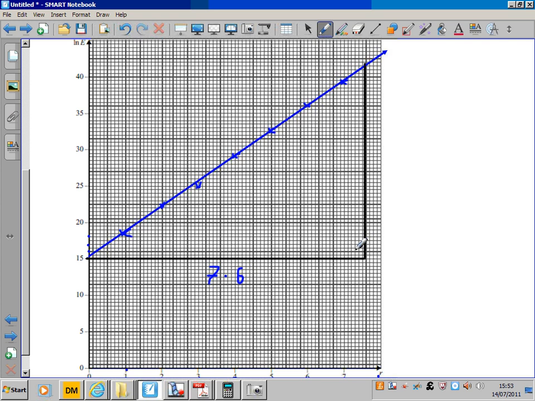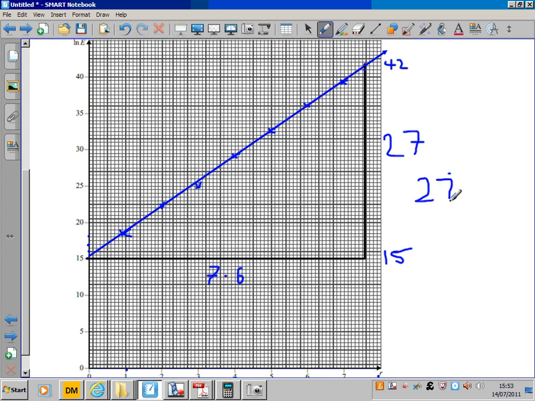And distance up, well, that's 40 there, so that's 41, 42. And at the bottom here, this is 15. So 42 take away 15, or 42 take away 10 is 32, so that's going to give me 27.